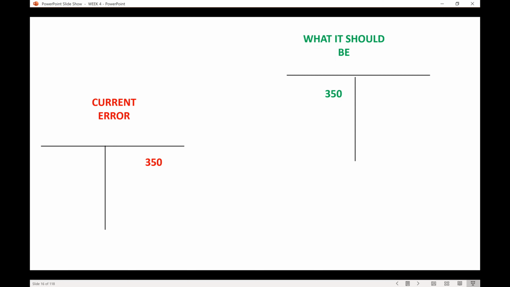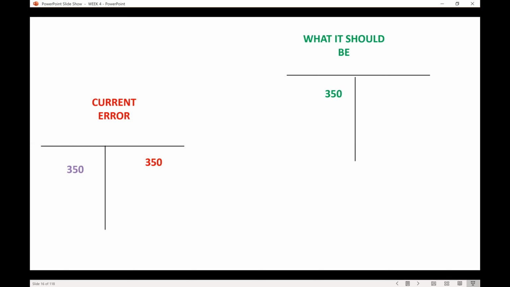But here we're crediting rent expense. So how do we make what's on our left, the current error, look like what should be on our right?